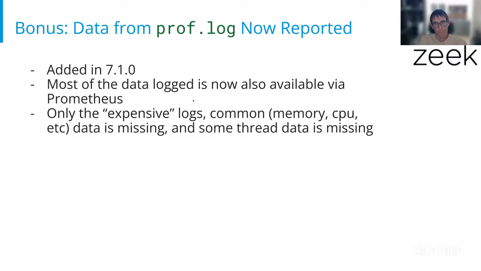So if you've been using Prometheus, you don't need to use prof.log anymore for most things. There are some quote unquote expensive logs, such as looking up individual data about some of the threads, stuff like that, and some of the common stuff that Prometheus already provides, memory and CPU usage. All of that stuff is moved over, and there are now instruments for all of that.